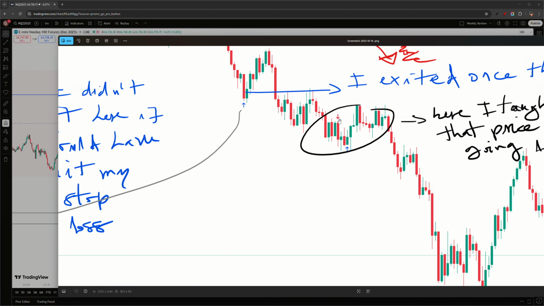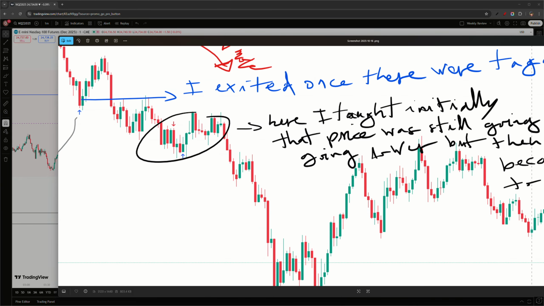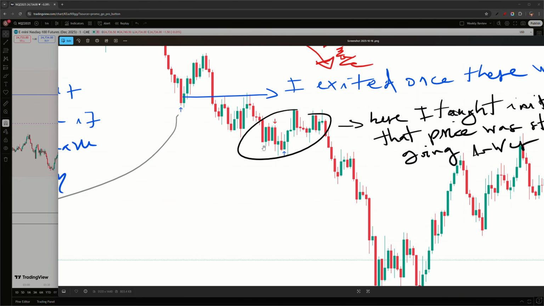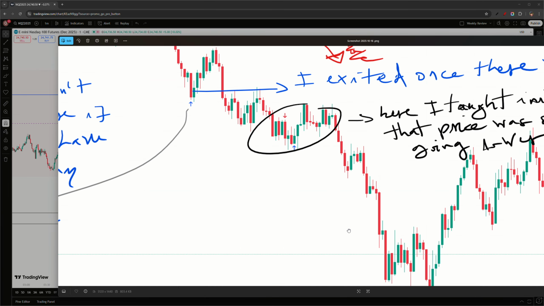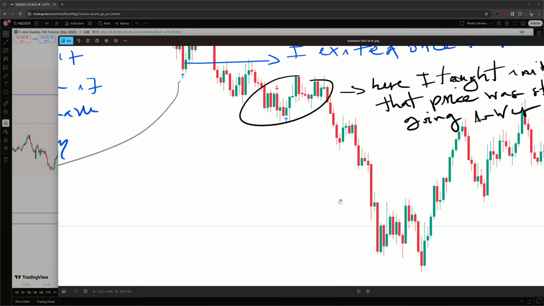So I tried to enter here. Then I was second guessing, and this is something I journaled about. When the market started moving here, I was thinking maybe this is enough for the day and we are going to reverse. But we only continued going lower, and I was fighting with myself and had a lot of regret. I got out too soon.